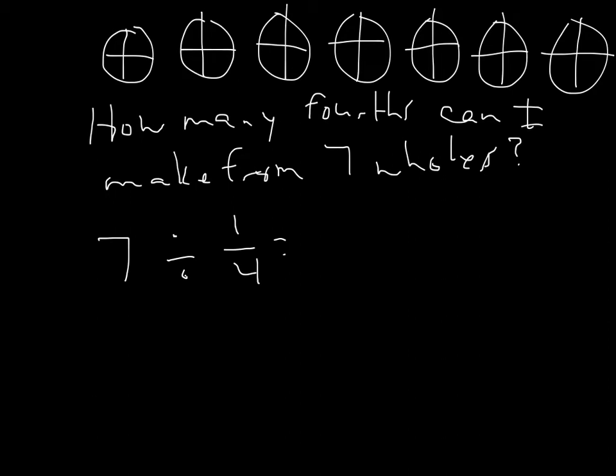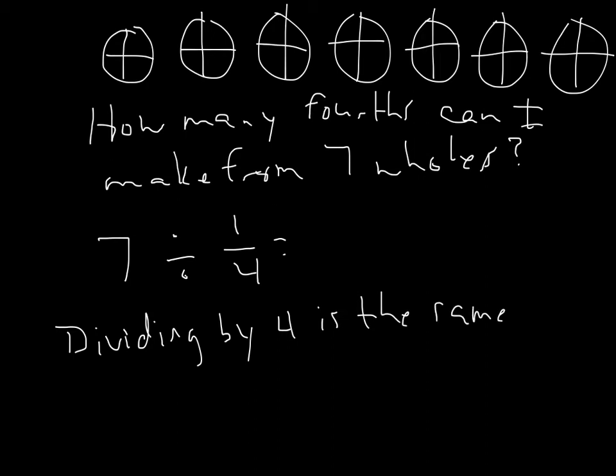Now, since so many people are already saying just do 7 times 4, let's review how we made reciprocal statements earlier, right? We would have earlier said that dividing by 4 is the same as multiplying by 1/4.